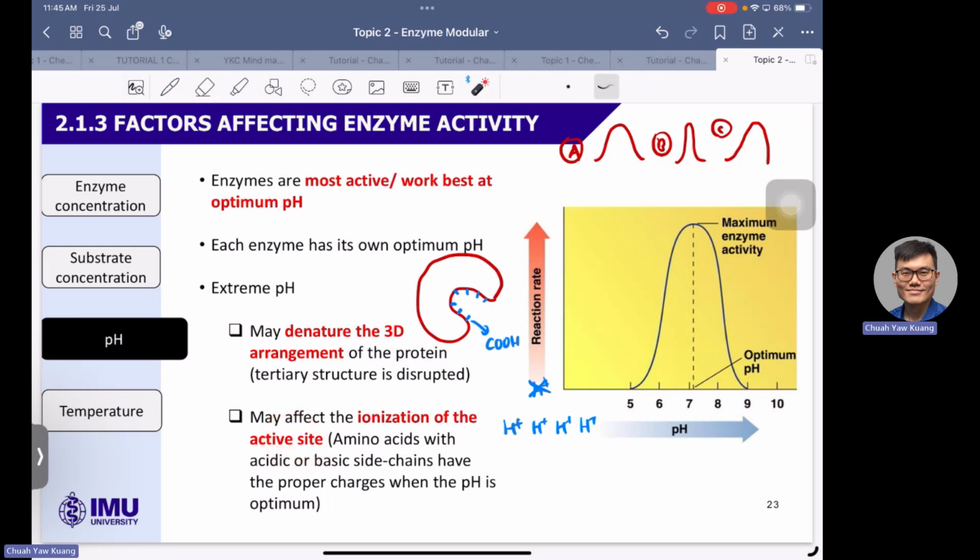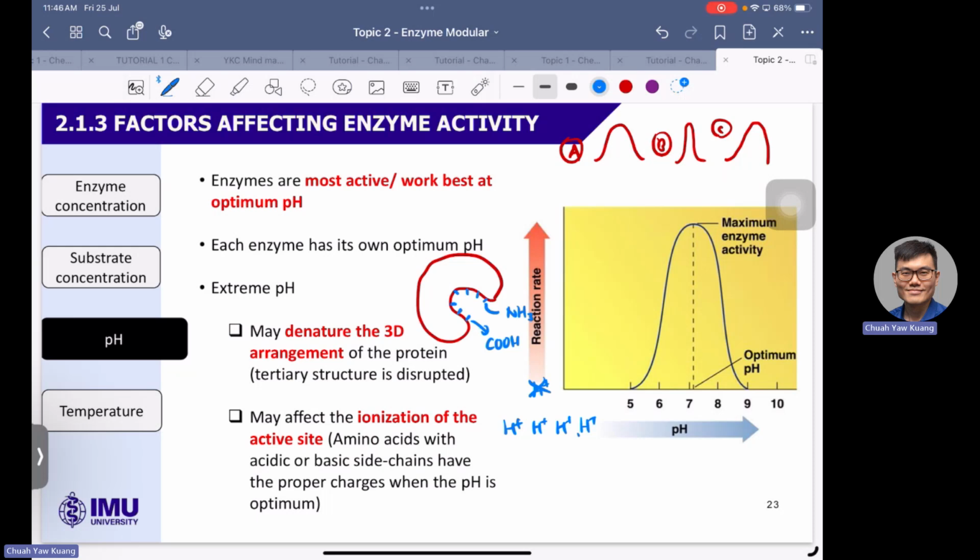Same thing goes for the basic side chain, which is NH3 positive. It is supposed to be like this. But if the pH becomes too basic, it means the hydrogen ion becomes too low, so they won't accept another H. They will remain as NH2. Without the positive charge, how are they going to form the bonding?